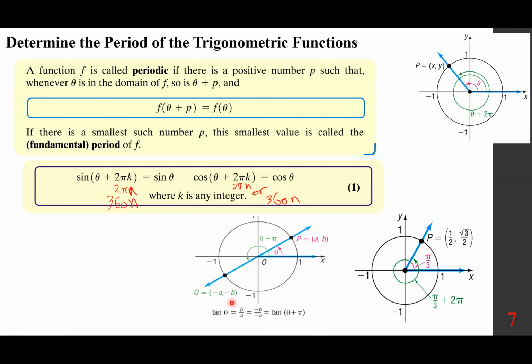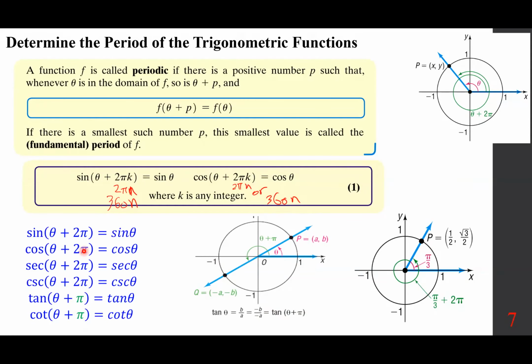When we look at tangent, we remember that it is the ratio of sine over cosine. In the first quadrant, sine and cosine are positive. In the third one, both are negative, but the ratio is positive. Therefore, tangent of theta and theta plus pi give us the same answer, meaning cotangent works the same way.